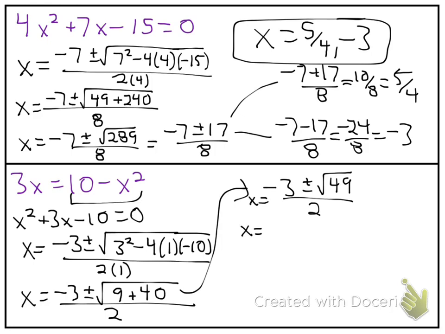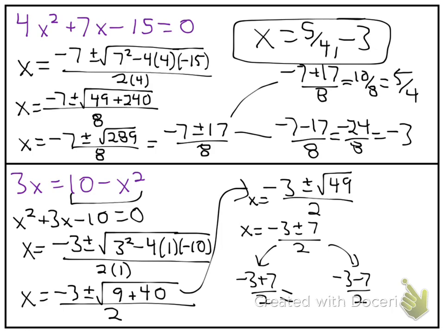Square root of 49 is 7. They luckily have a perfect square again. So in our two solutions, we have negative 3 plus 7 over 2 and negative 3 minus 7 over 2. Negative 3 plus 7 gives us 4 over 2 gives us a 2. Negative 10 over 2 gives us negative 5, so our answers are 2 and negative 5.